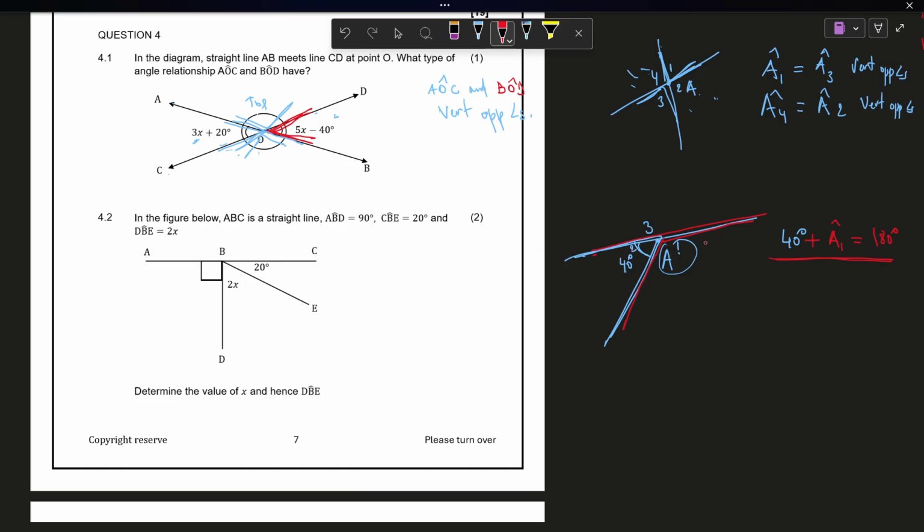On the other side, whenever you see a straight line at a point in the section, you must know that some angles are summing up to make 180 degrees. Likewise, when you've got lines that are intersecting like this and you see a box, it means you have 90 degrees there.